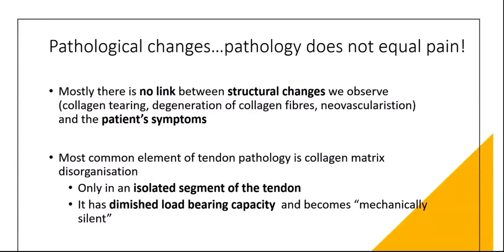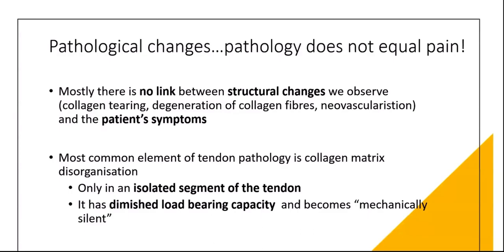What about pathological changes in the tendon? Well, we all know there is an overuse of medical imaging in the musculoskeletal field, not only when it comes to back pain, but certainly also when it comes to tendinous and muscular problems.